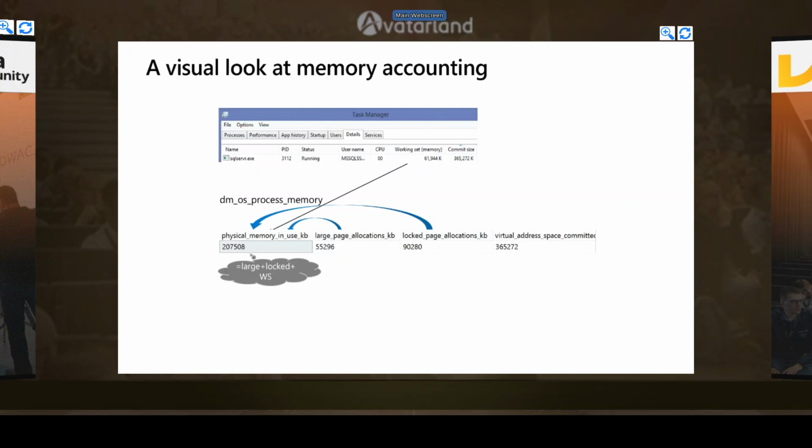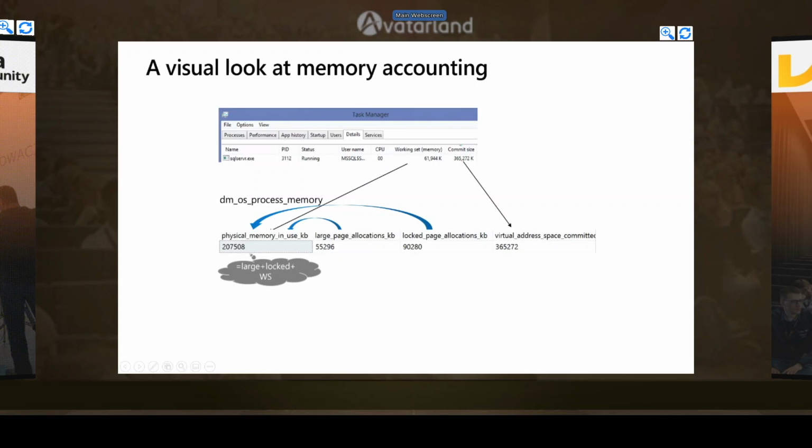We'll use some large pages even if we don't use it for buffer pool, but locked pages is mainly where the allocations are coming from. So if you're looking at this column and wondering, hey, these two don't line up to this sum, it's because there is some working set memory. Remember I mentioned there's this fixed memory, there's this overhead, thread stacks, all this kind of stuff. So the combination of these three will be that value in the locked model.